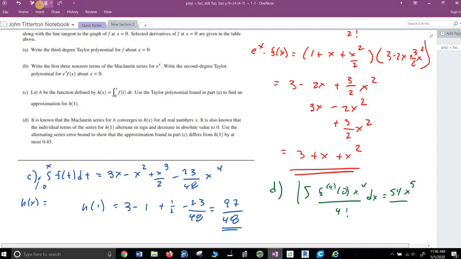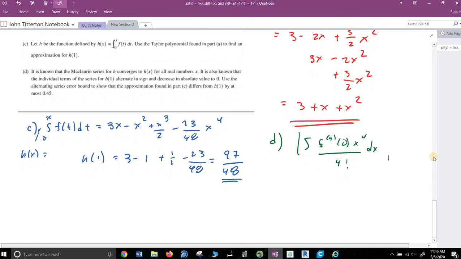Alright, hang on. I was going to say that doesn't look right. I forgot to put my other absolute value on there. So I'll leave it like this for now. 54 x to the fourth, 4 times 3 times 2.